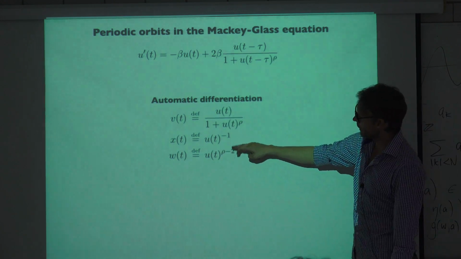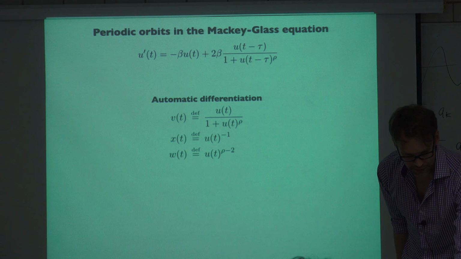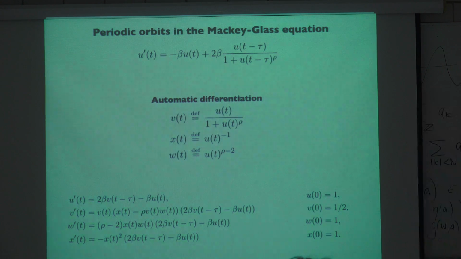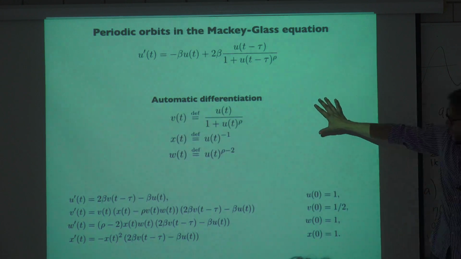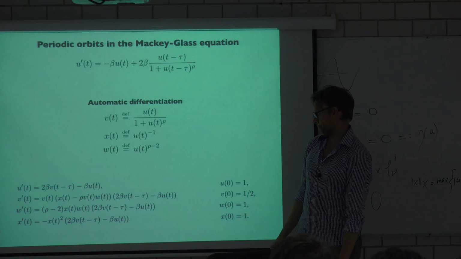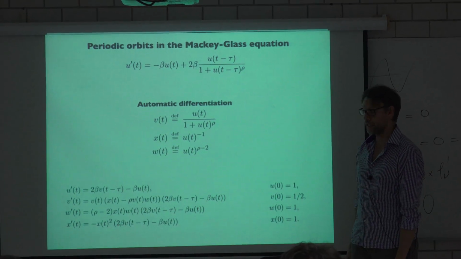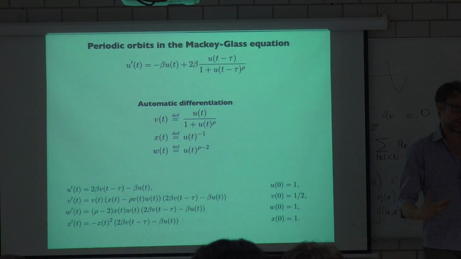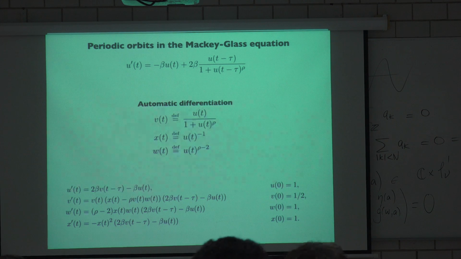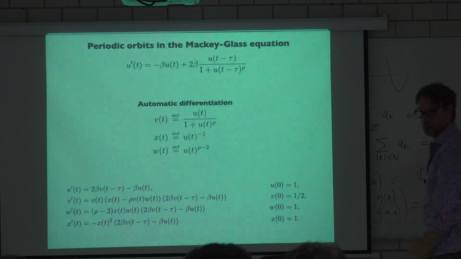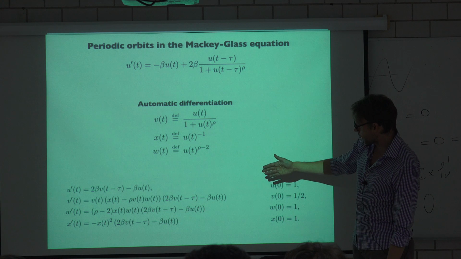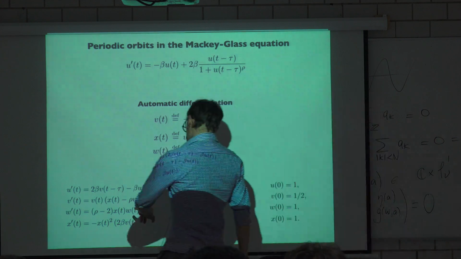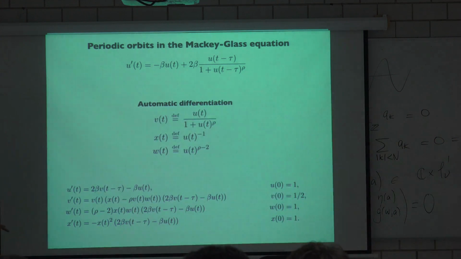So I also define them, and when you define these new variables, then what you obtain is a polynomial delay differential equation. So the techniques that Jay talked about for ODEs really transfer directly to delay differential equations. So that was cubic.